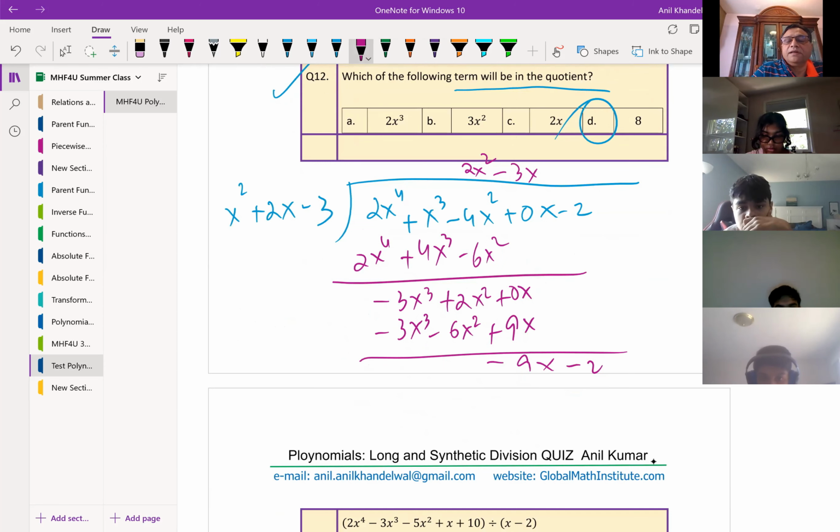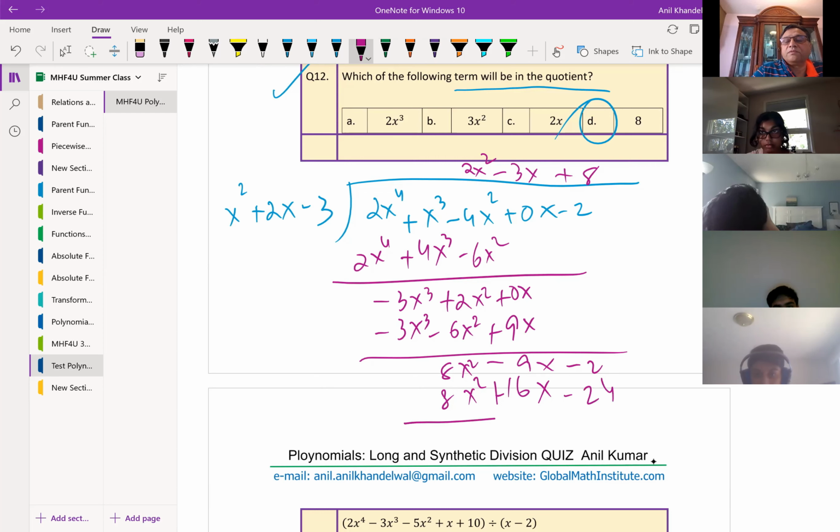And here we get 8x squared. And when you do this 8 times, you get 8x squared. 8 times 2 is 16x, and 8 times 3 is minus 24. Did we do some mistake?